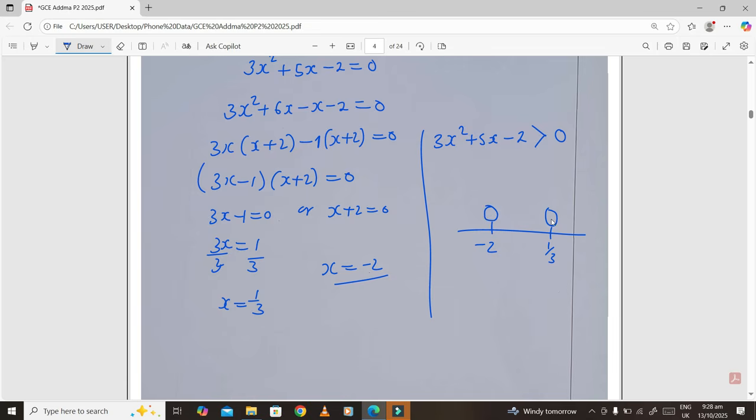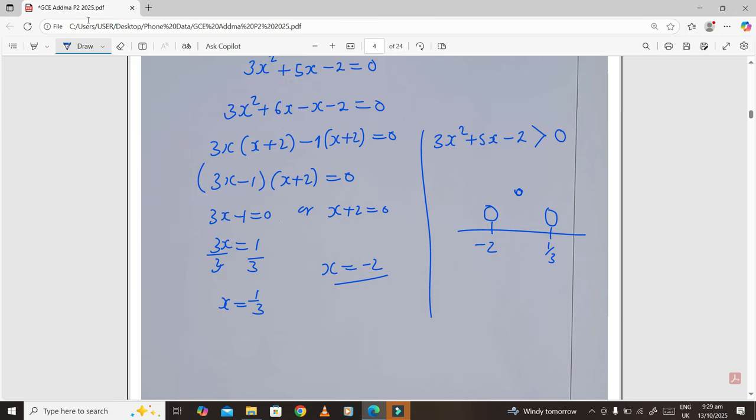Okay, so we pick any number. Okay. So let me do this. We pick any number between, we want to see if the solution lies between -2 and 1/3. So we pick any number between these two. What number is that? I can pick a 0 here. 0 is in between.